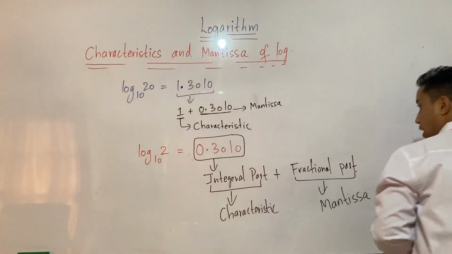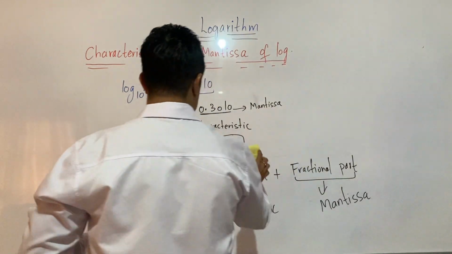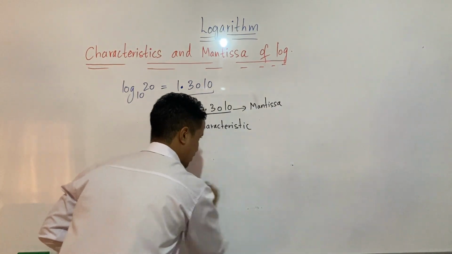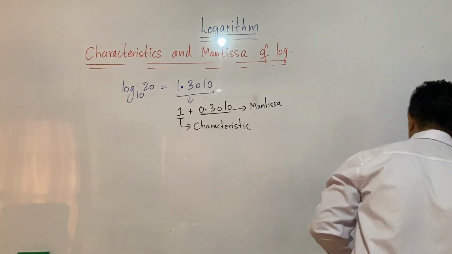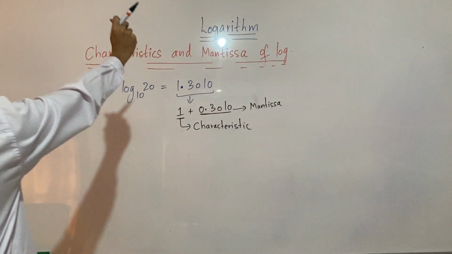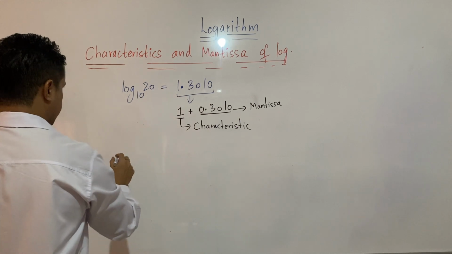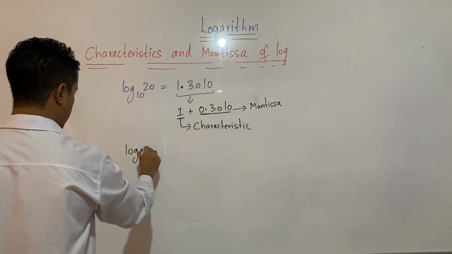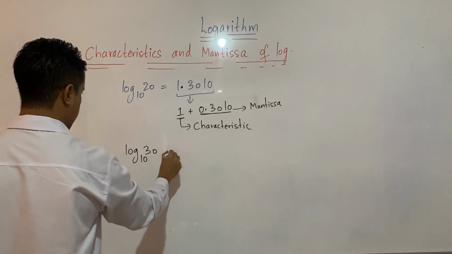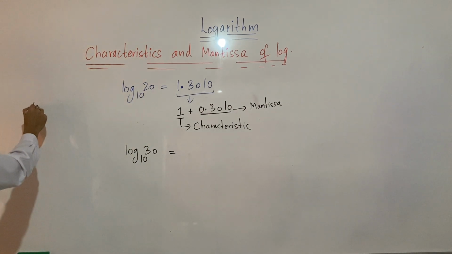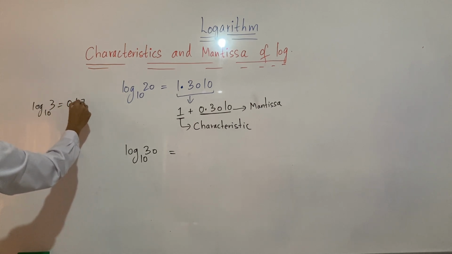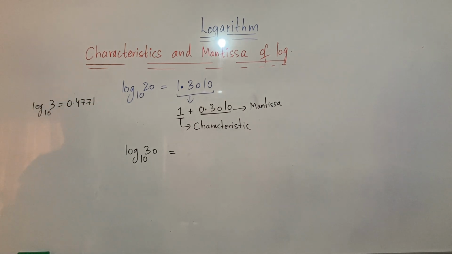Okay, now we can take one more example for better clarity. If I take log of 30 to the base 10. Now log of 3 to the base 10 is 0.4771, right?